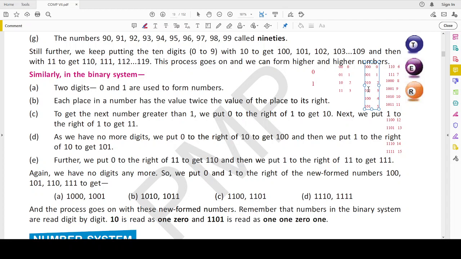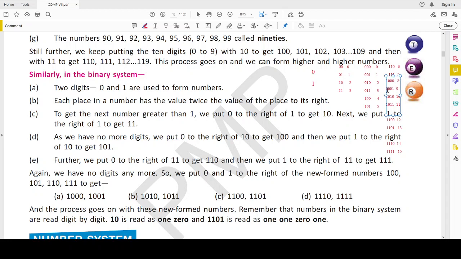Now if you want to represent 8, you have to take another bit over here on the left. So here you will have 1 and the 111 you have to turn to 0. See, 1 0 0 0, it is 8.